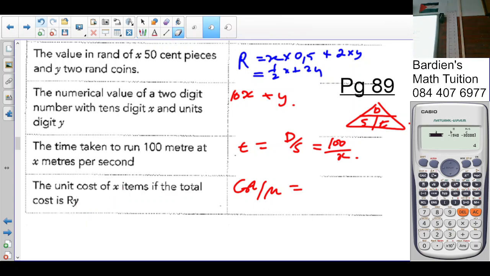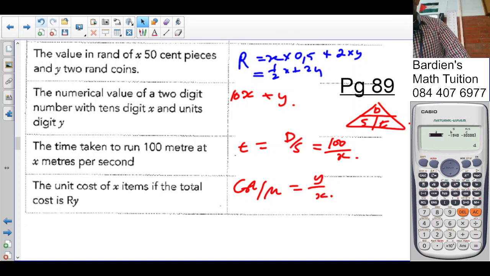So here we have x and y, so it's going to be y over x. Okay, any confusion there? That is the basics of setting up your mathematical notation.